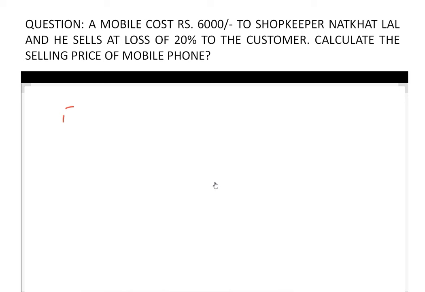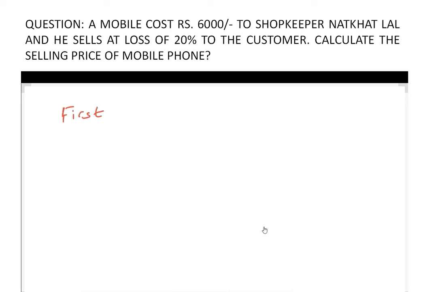A mobile costs 6,000 rupees. This one is a similar question. The only difference is that the shopkeeper Natkat Lal sells at a loss of 20% to the customer. So we have to calculate the selling price of the mobile phone.